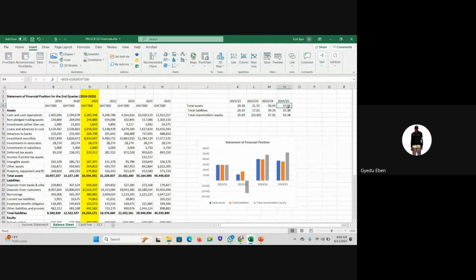I don't know if that's clear. Yes, you don't use the same ruler to measure all of them. So for banks, there are specifics that you can use. Like I've mentioned here, manufacturing firms are different, and communication companies like MTN are different.